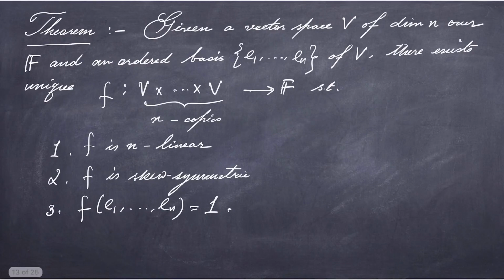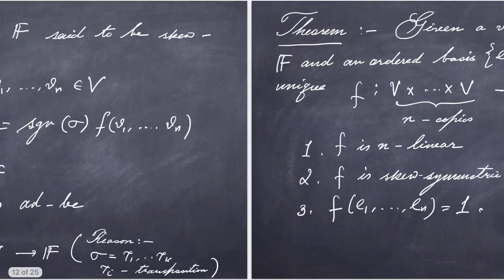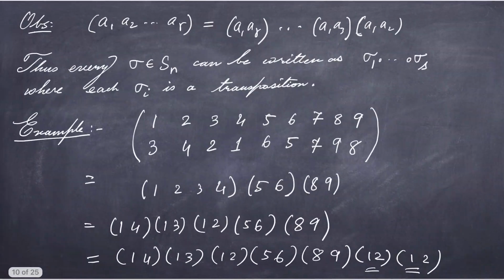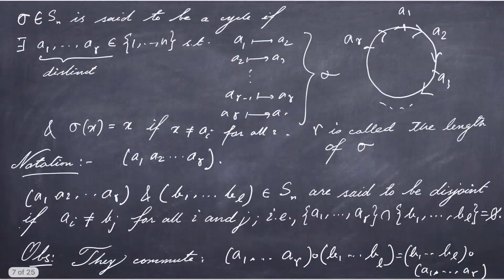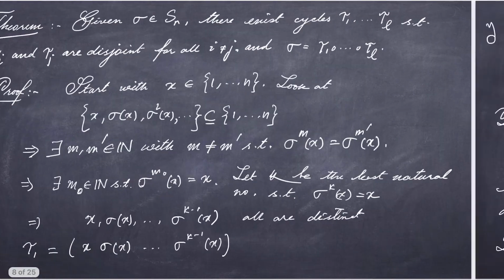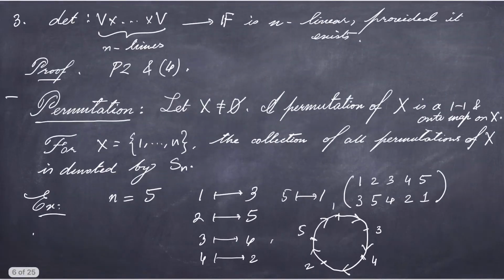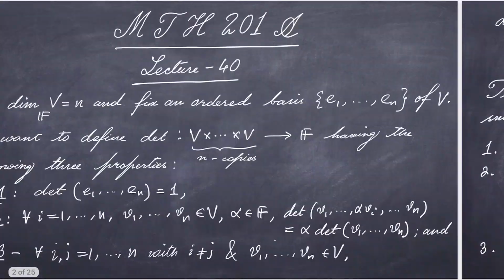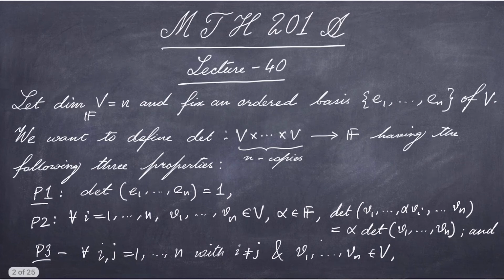Now we come to the main theorem of this lecture. So far what we have checked is that if there is a determinant function, then it must be n-linear skew-symmetric. Also, if you remember, to begin with we started with a basis, and we want to insist that its value has to be 1.